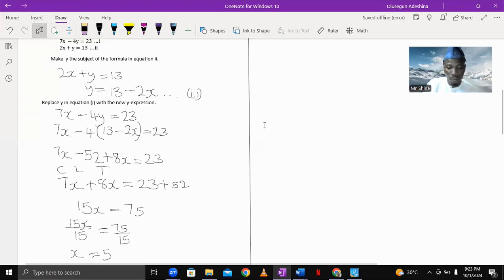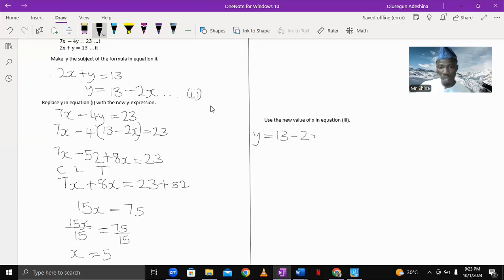So, use the new value of x in equation 3. That's it. All right. Equation 3 says y is equal to 13 minus 2x.